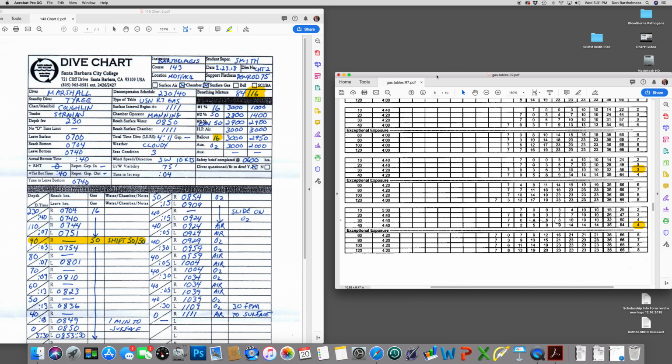So again, we're going to do the first 4 periods in the chamber, first half period at 50 feet, and then we'll slide to 40 feet. Periods 2, 3, and 4 are all done at 40 feet.